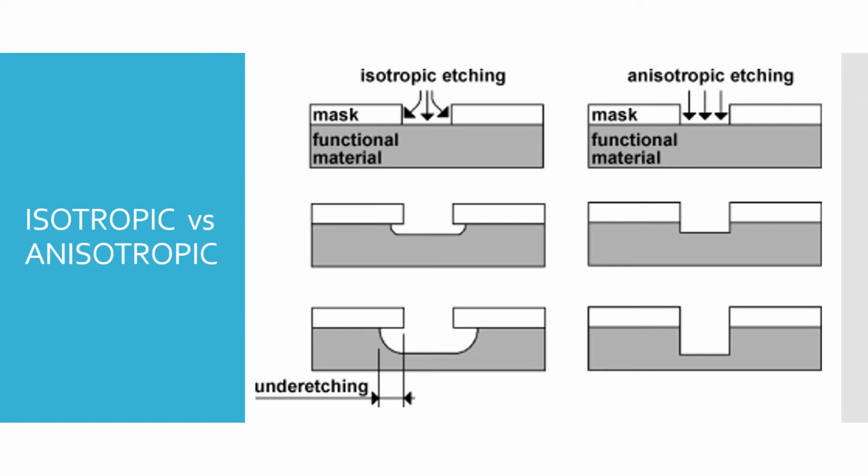Anisotropic etching goes more into the depth rather than to the side, rather than laterally. This makes sure that the etching inside the substrate is in good condition and precise without any under etching.